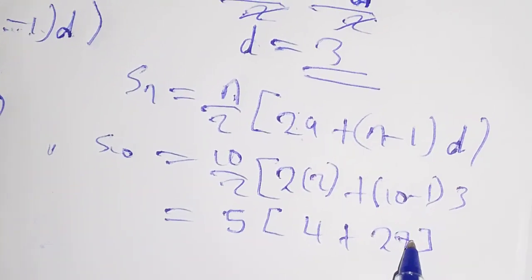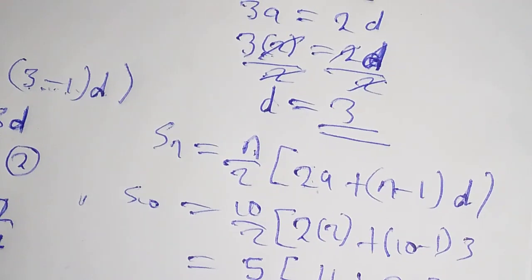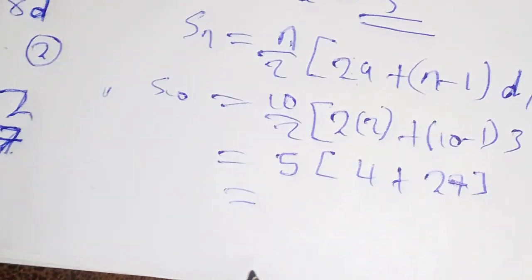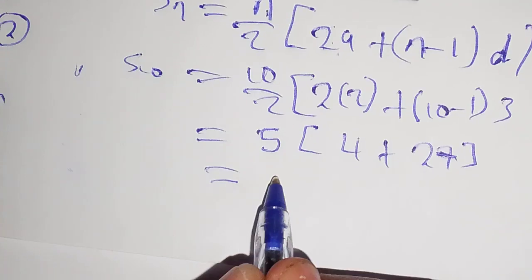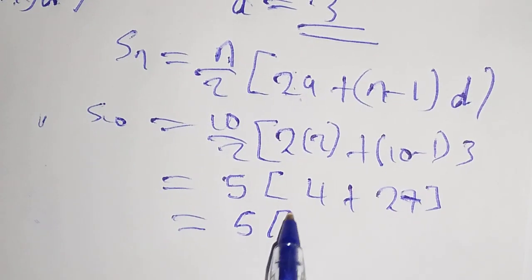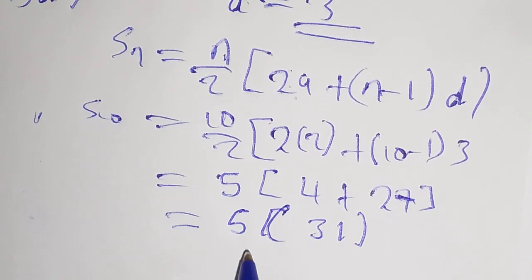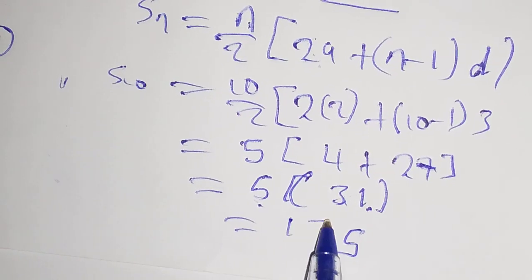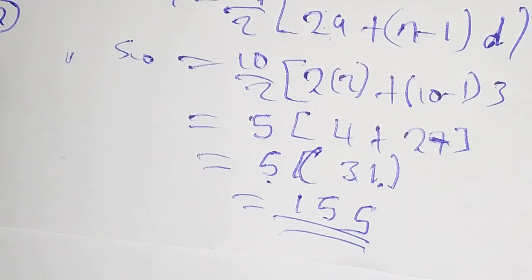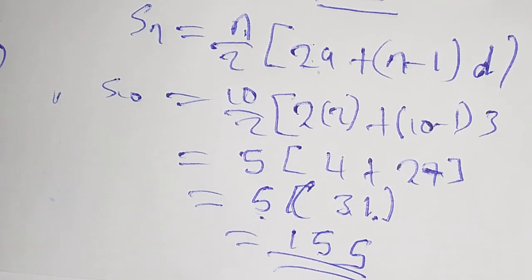So 4 plus 27 gives us 31. So it's 5 times 31, which gives 155. So the sum of the first 10 terms is 155.